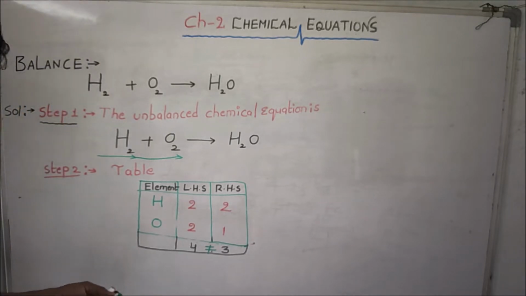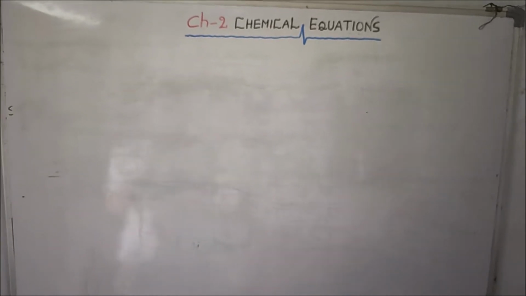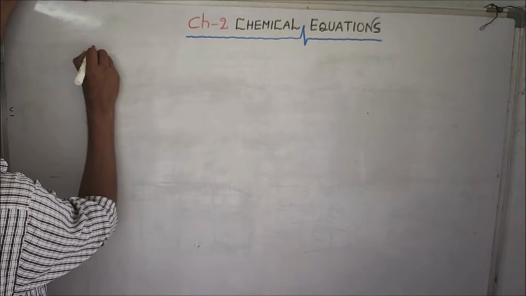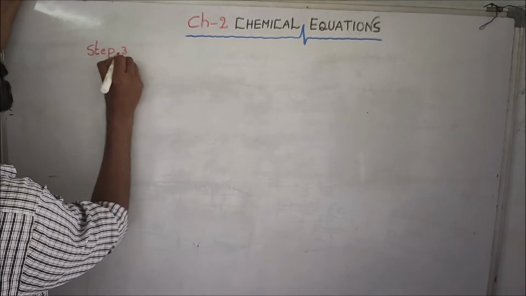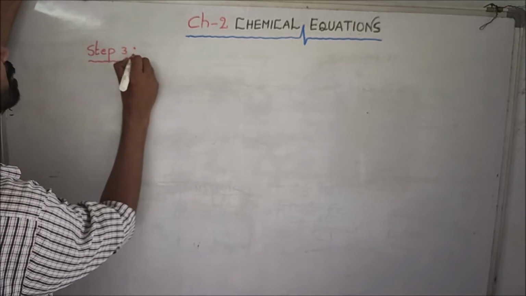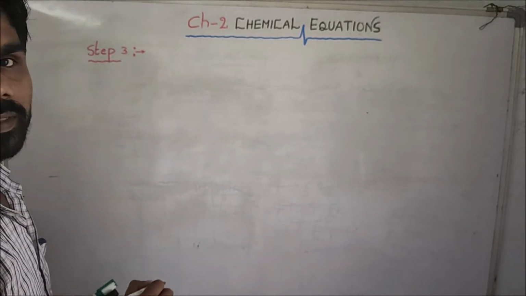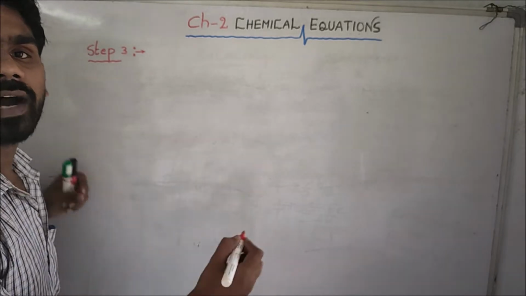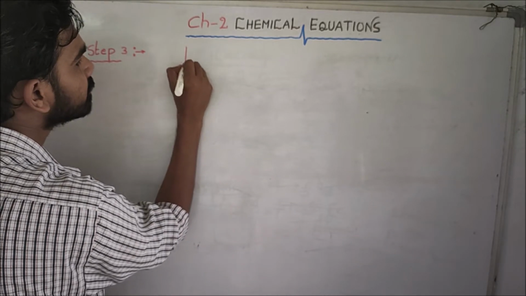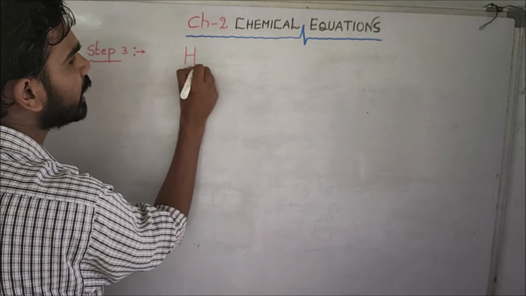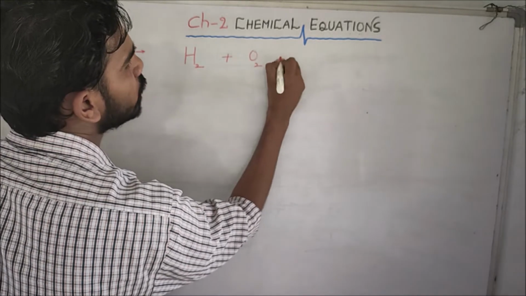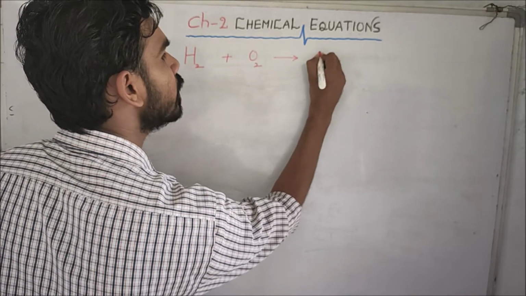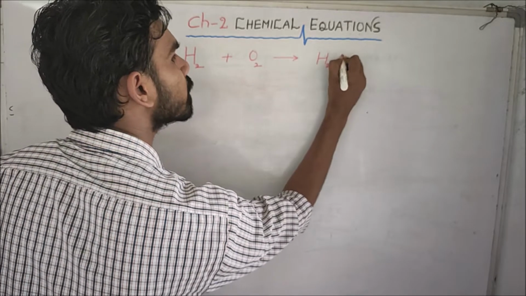Now write step 3. After the step 2 table you have to write step 3. Very important step. In step 3, what do you do? You write the question one more time: H2 plus O2 gives rise to H2O.